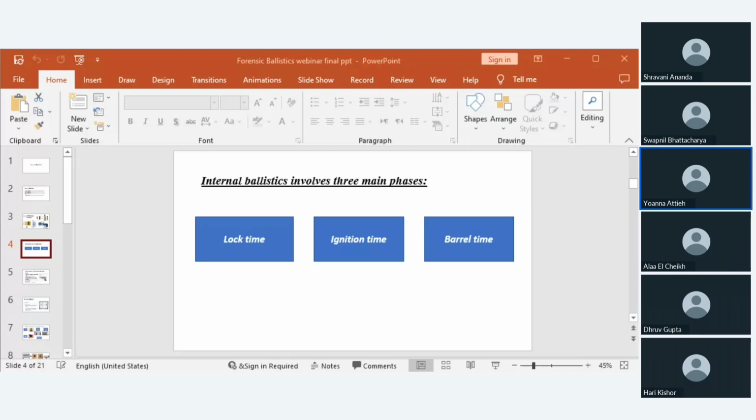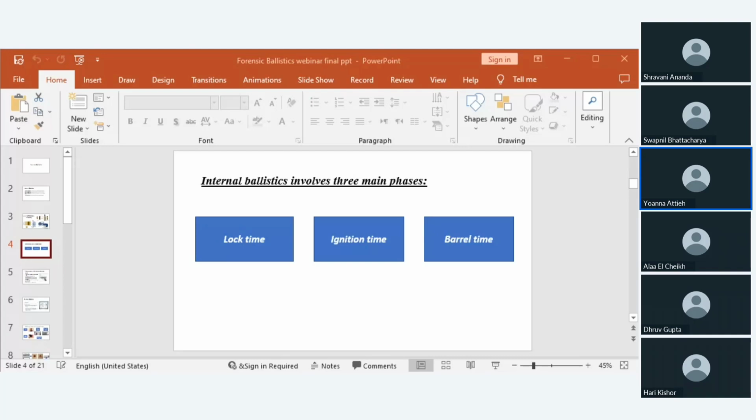The combined total of lock, ignition, and barrel time generally ranges between 0.003 and 0.007 seconds. And this is very accurate here, guys. Each of these phases plays a role in determining the projectile's speed and accuracy, and they are critical in forensic analysis for determining factors such as the muzzle velocity and trajectory.